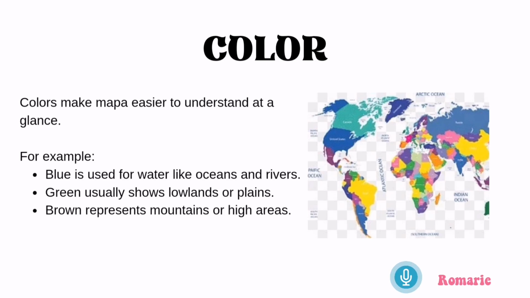Colors on a map also have meanings. For example, the color blue is used for water like oceans and rivers. Green usually shows lowlands or plains. Brown represents mountains or high areas. Colors make maps easier to understand at a glance.